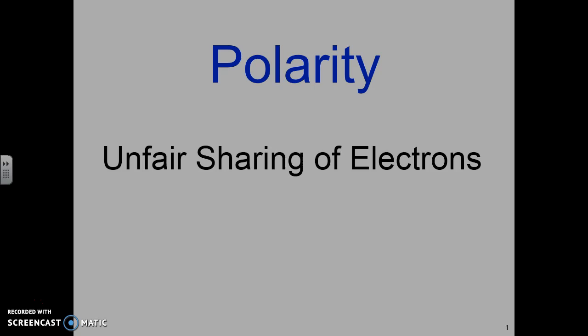Before we begin, I want to define polar and nonpolar because I forgot to do it in the PowerPoint, and that's really important. In covalent bonds, electrons are shared, as we've been drawing in Lewis dot structures, and there are two ways electrons can be shared: evenly or unevenly.